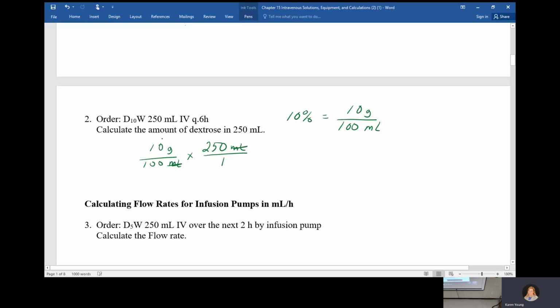Do this several ways. I like canceling zeros. This 0 I can cancel with this 0. This 0 will cancel with that 0. So now I'm down to 1 and 25. So 1 times 25 is 25. 1 times 1 is 1. So it's 25 grams in the 250 milliliters.